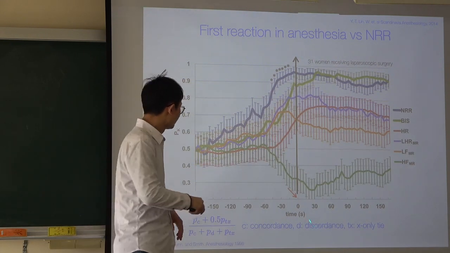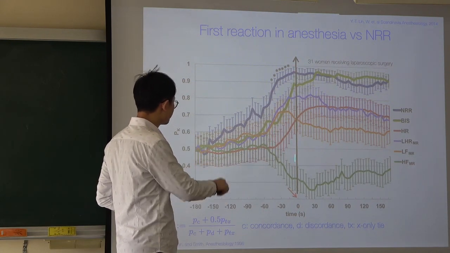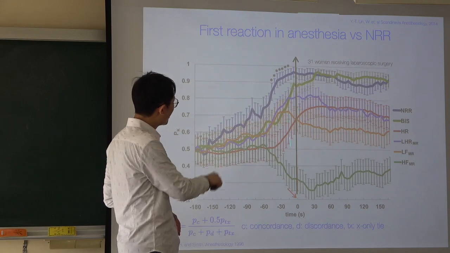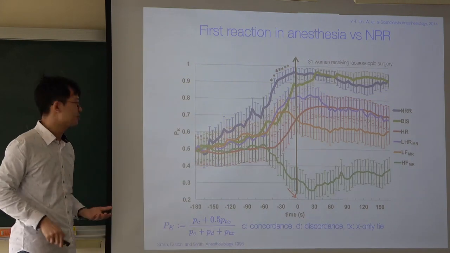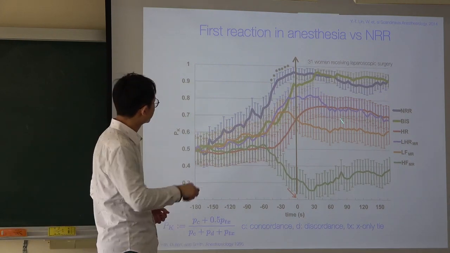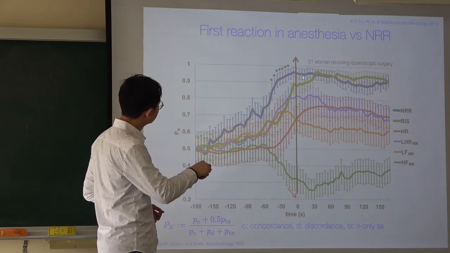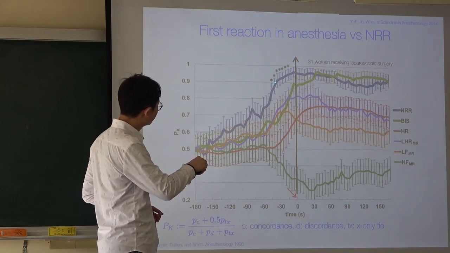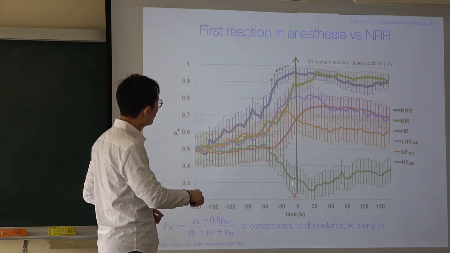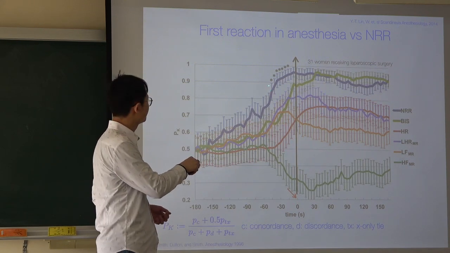And you can see that at time 0, this is when a subject wakes from anesthesia. If you focus on the NRR index here, you can see we can very early predict the awakeness from the heart rate variability.